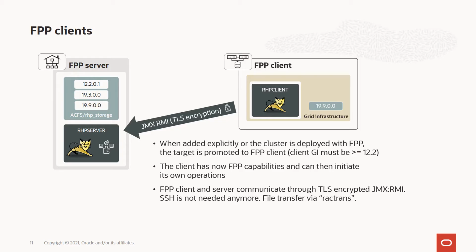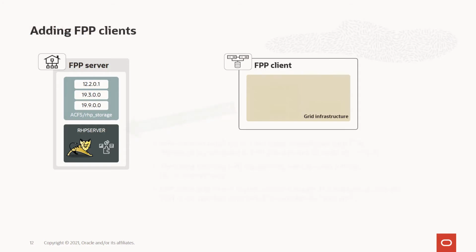They communicate through TLS encrypted JMX or HTTPS, and file transfer is done always via RackTrans, even if we have an FPP client configured. So how do we add an FPP client if we already have grid infrastructure on our target, but we don't have the client configured yet?